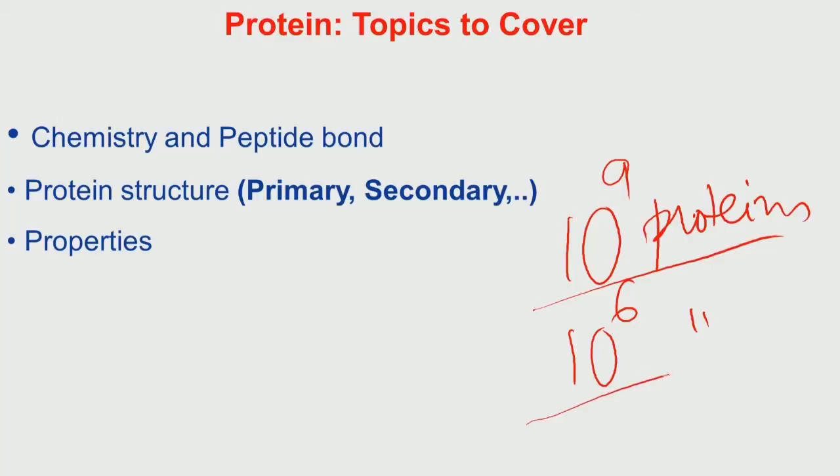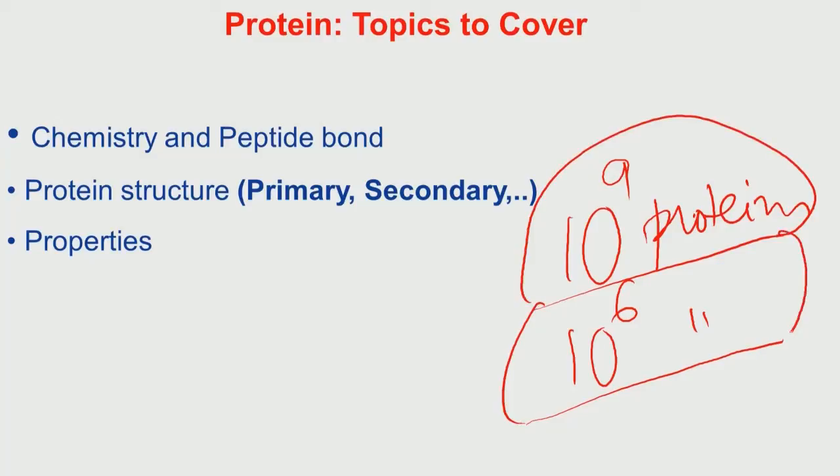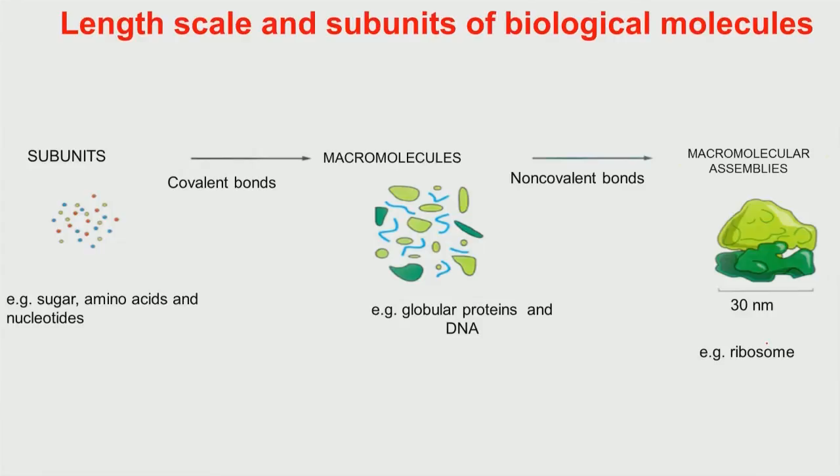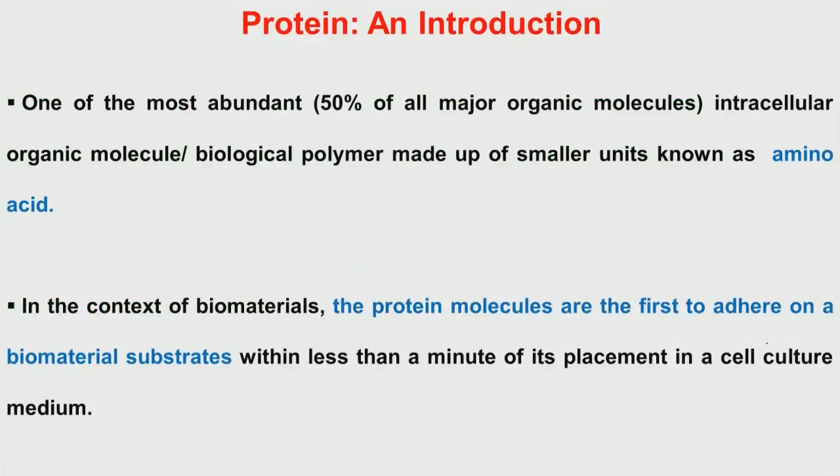These orders of magnitude are important, and in view of the abundant presence of proteins in cellular structure as well as the extracellular matrix, it is important for somebody who wishes to pursue research in biomaterial science or bone tissue engineering applications to know the structure of a typical protein. So, this slide and a few more slides will explain how protein structure is built up.